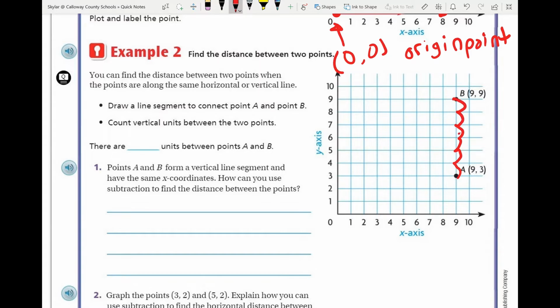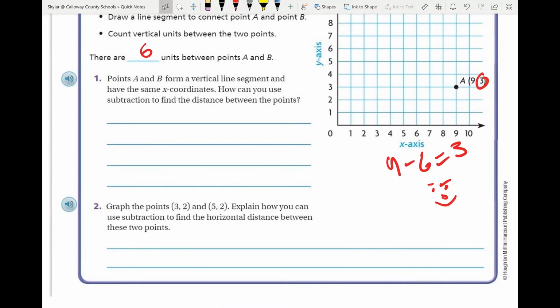So that means that it is 6 units apart. You can also just subtract those coordinates. Subtract your y-coordinates. So your y-coordinate 9, your y-coordinate 3, 9 minus 3 equals 6. We did it.